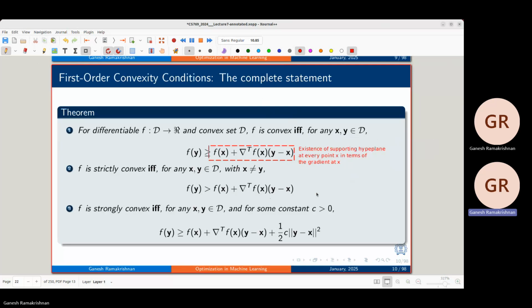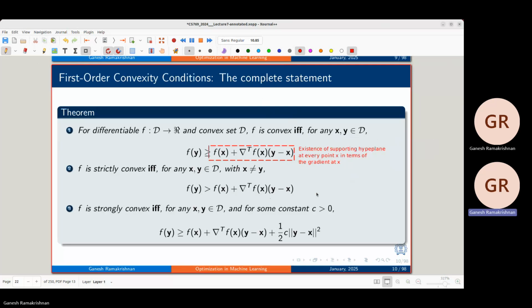So think of this as the gradient with a 1. Let's write it down. Think of the supporting hyperplane as a dot product of a 1 followed by the gradient at x, with f(x) and y minus x, at the point x.